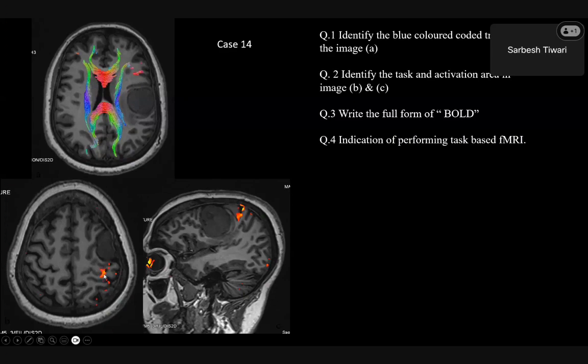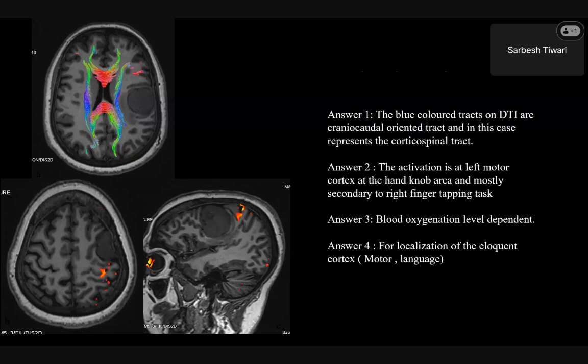Now my question was, in which stage of bleed does the DWI restrict? Somebody has written hyperacute, that's the correct answer, and also in the late subacute phase. So 2 phases you will see diffusion restriction. Now this is for the book. Always remember, blood always restricts on DWI, but the signal is dictated by the T2 weighted image.